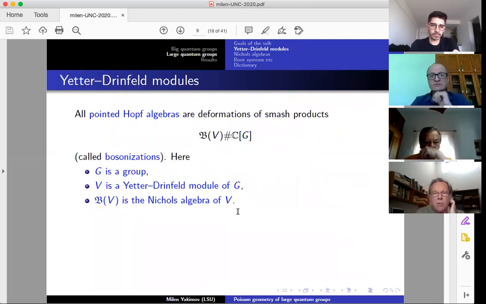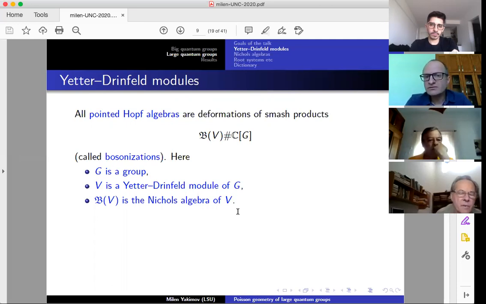So now I want to say a few words about the different families of algebras that appear in the classification of pointed Hopf algebras. I want to be very explicit and not say things that are very technical. So each of these pointed Hopf algebras, by some general result, is a deformation of a smash product.